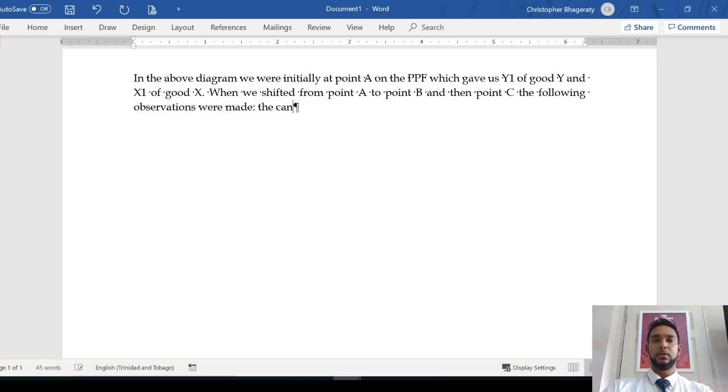The change in y from A to B and B to C was the same.